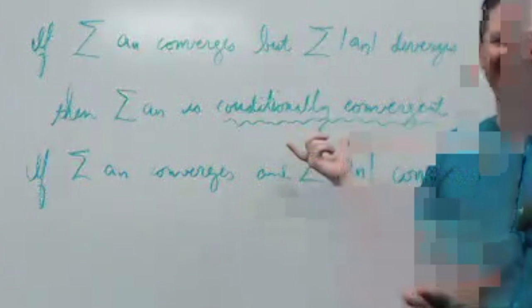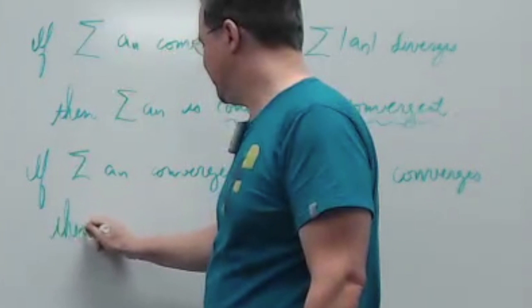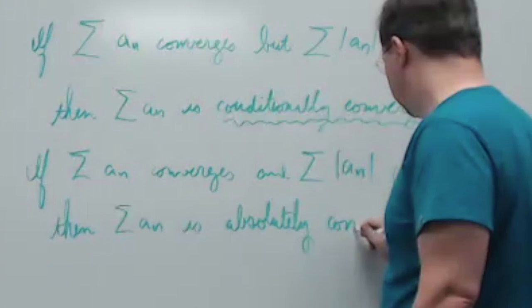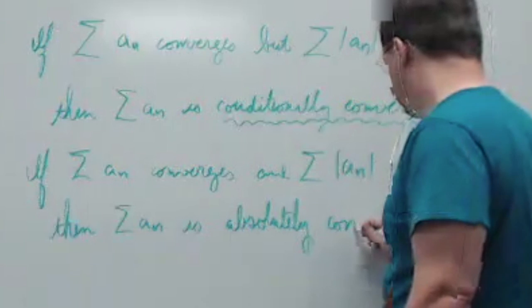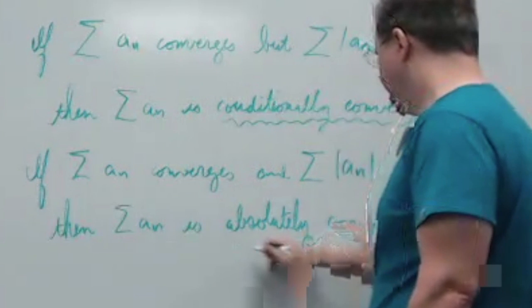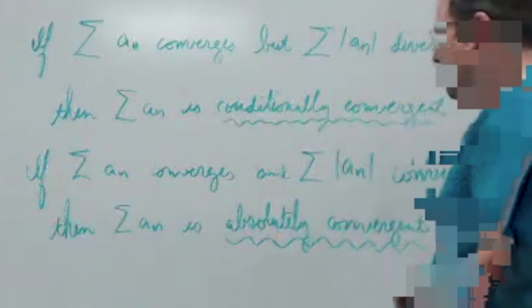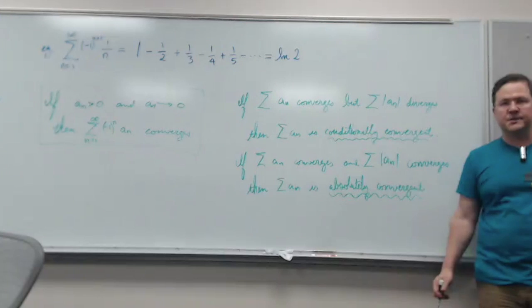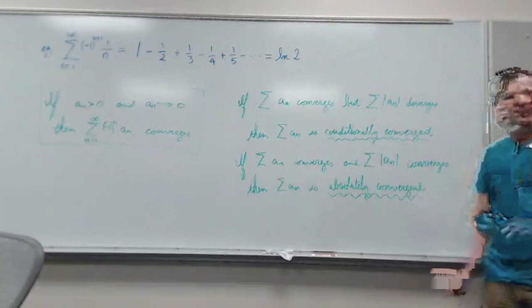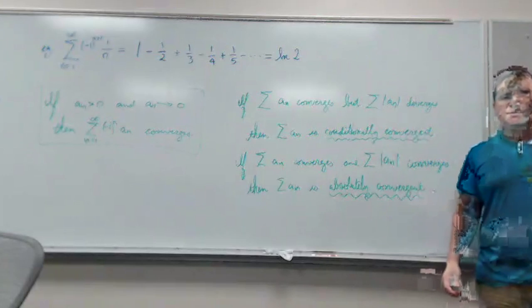But the term they use here is really strong. It says, then we say that the series is absolutely convergent. So we have vocabulary for convergent series that describes the nature of that convergence. Okay? When we get to chapter 6, we are going to be concerned exclusively with absolutely convergent series.